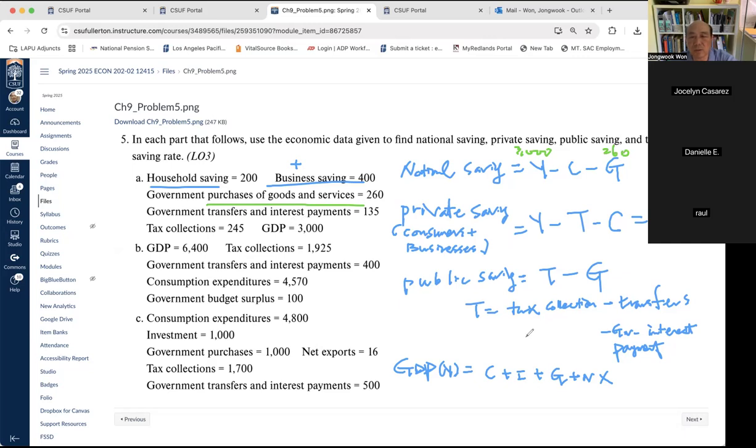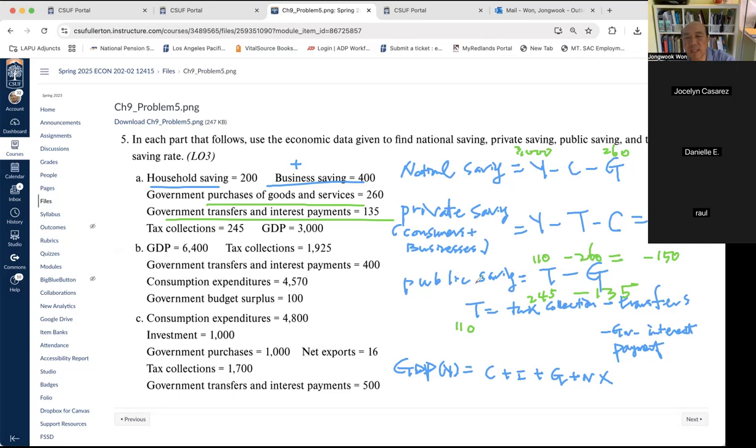Tax collection is 245, but transfer and interest payment is 135. So T is 110, right? But we know G, government purchase of goods and services, is 260. So public saving is negative 150.